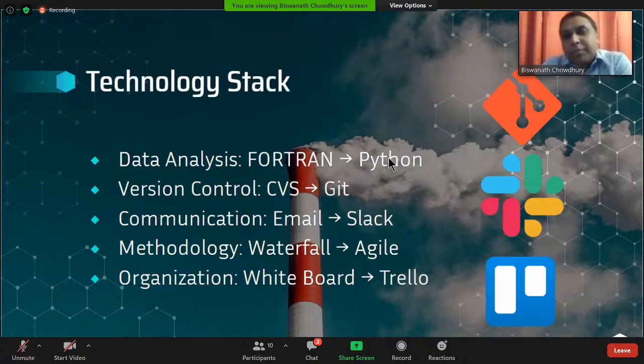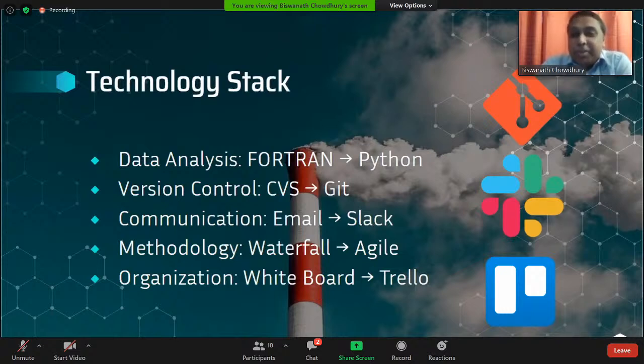For data analysis, I was earlier using Fortran, so I started using Python. For version control, I started using Git instead of CVS. For communication, I started using Slack because that's what we were using for the hackathons too.